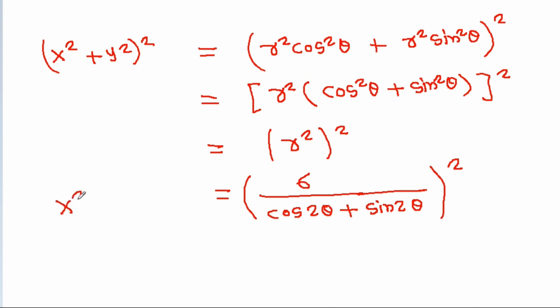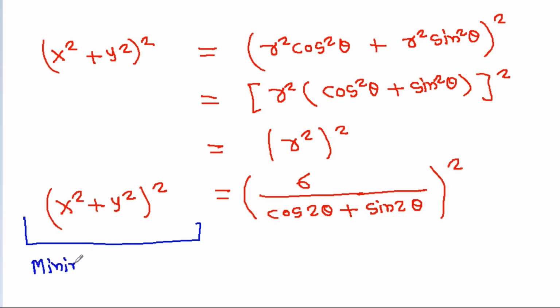It is (x squared plus y squared) whole squared, and we have to find the minimum value of (x squared plus y squared) whole squared.